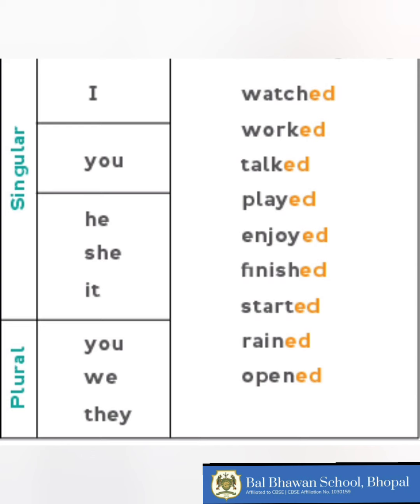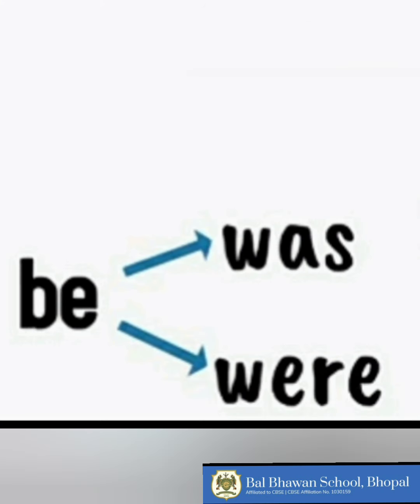I watched, you worked, he talked, she played, she enjoyed, it finished. Students, you need to note here that the pronoun you is used both as a singular pronoun and a plural pronoun. These are examples of action verbs.